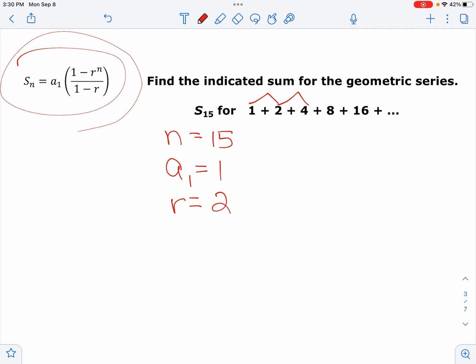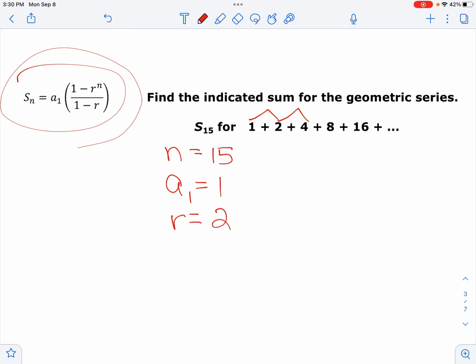So let's set it up here. S sub 15 is equal to 1 times 1 minus my common ratio 2 to the 15th power, all over 1 minus 2.